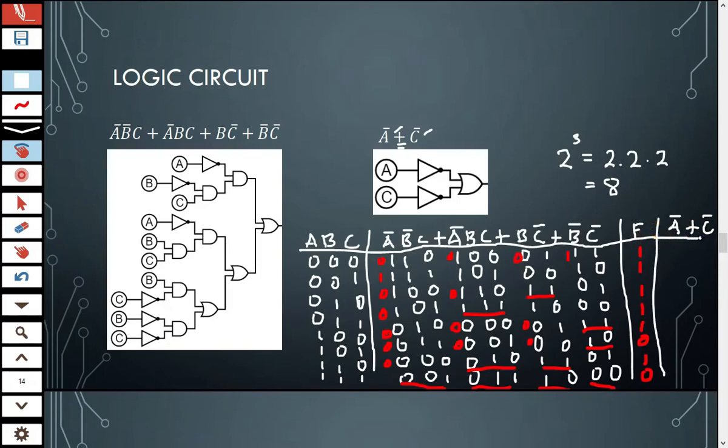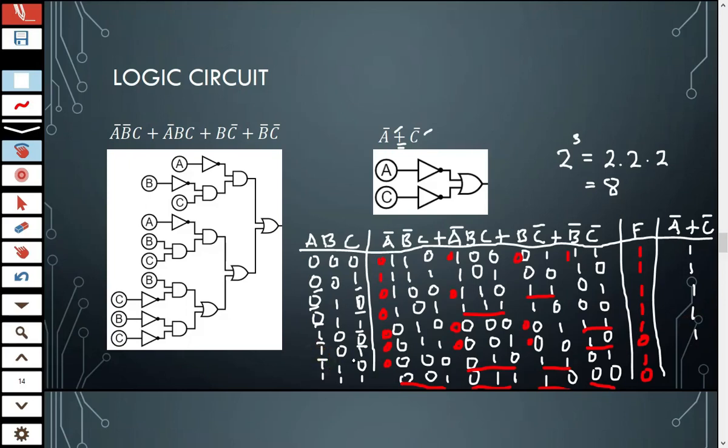And then let's see if it is the same as our column F. So we say that this is 1 plus 1, we get 1. 1 plus 0, still we get 1. 1 plus 1, we get 1. And then 1 plus 0, we get 1. And then 0 plus 1, we get 1.